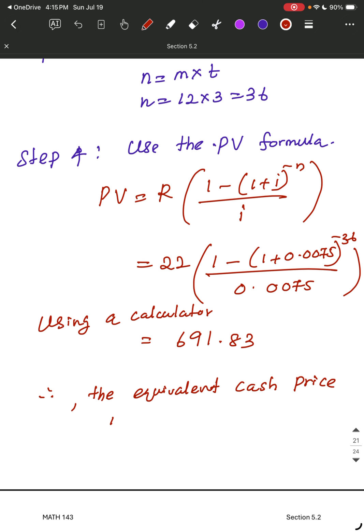Okay, so notice that the total of the installment payments is 22 times 36. So let's see the interpretation.